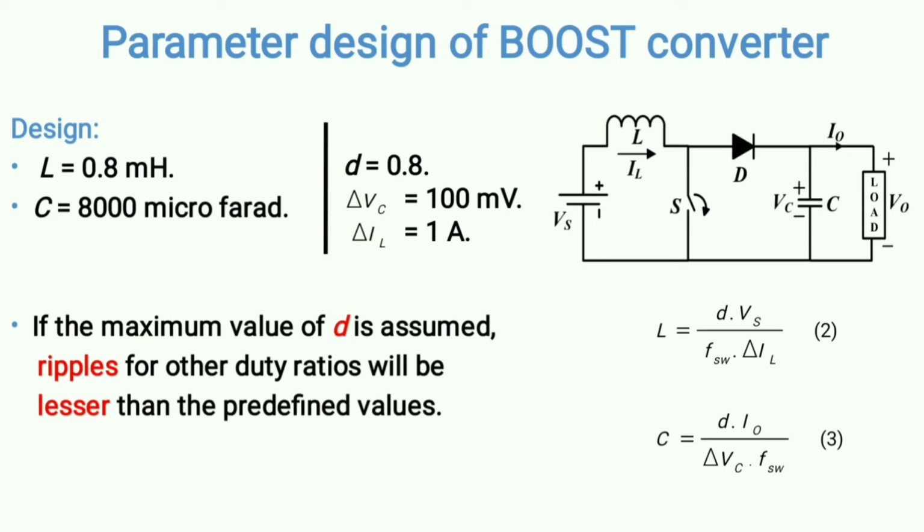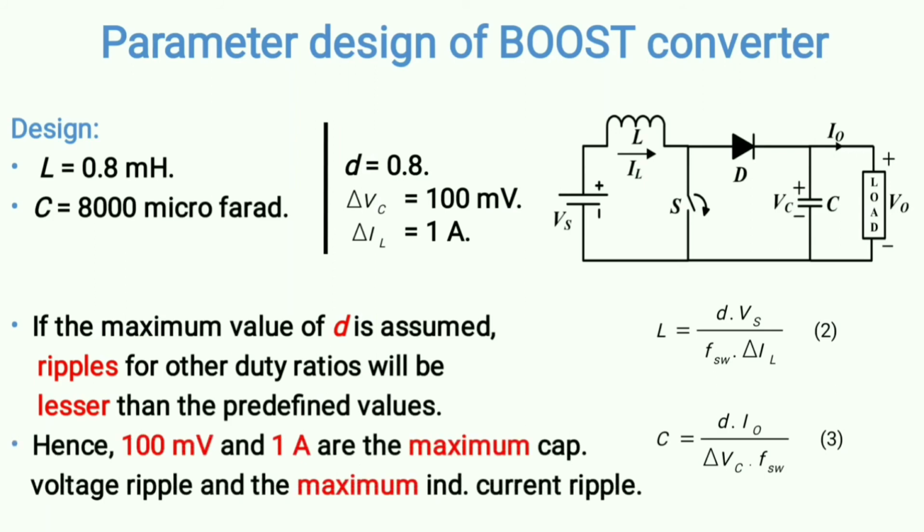Actually, this is the same as the buck converter, where you got the same advantage while choosing your duty ratio to be 0.5, but here for the same advantage you just have to choose the duty ratio to be the maximum one. So 100 millivolt and 1 ampere are the maximum capacitor voltage ripple and maximum inductor current ripple.